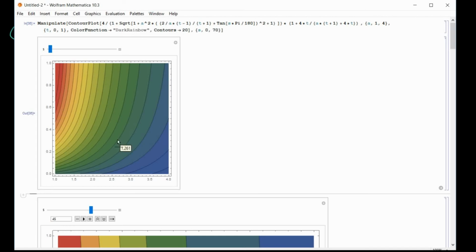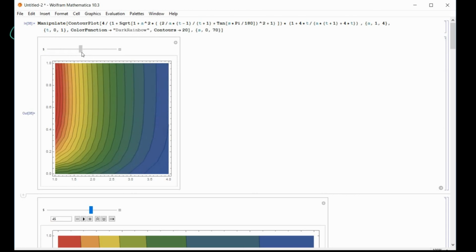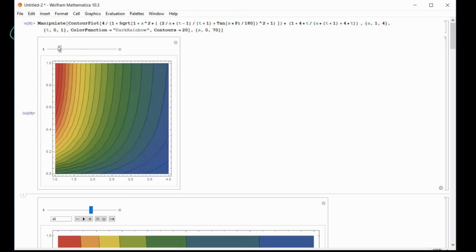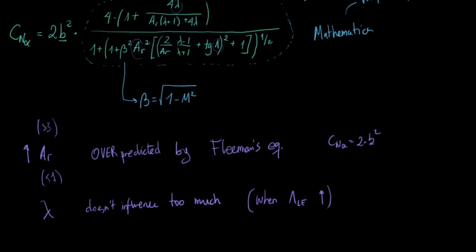At higher sweep angles, you can see that it doesn't influence that much. So it doesn't care about taper until a certain point that it does influence. That's a nice conclusion as well. It doesn't influence too much, but at lower taper we have lower lift.